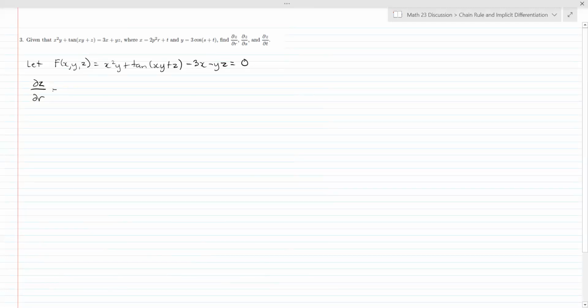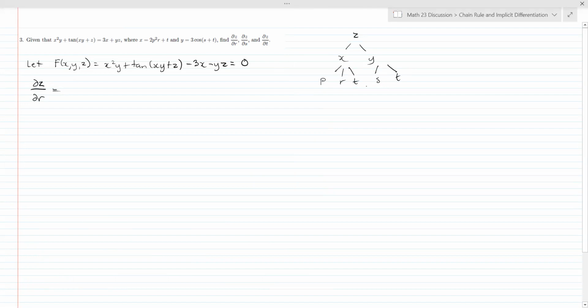So gamitin natin yung sa chain rule ng derivative ng z with respect to r. Kasi ang z, I think ina-assume natin ang z here to be a differentiable function in terms of x and y. So parang kung susulat natin sa tree of dependency, z, x, and y, and then yung x in terms of r and t, the y in terms of s and t.